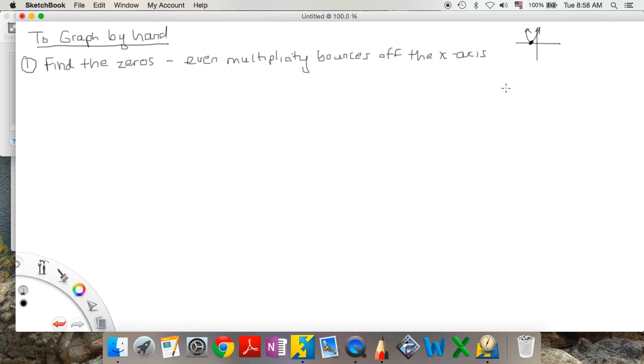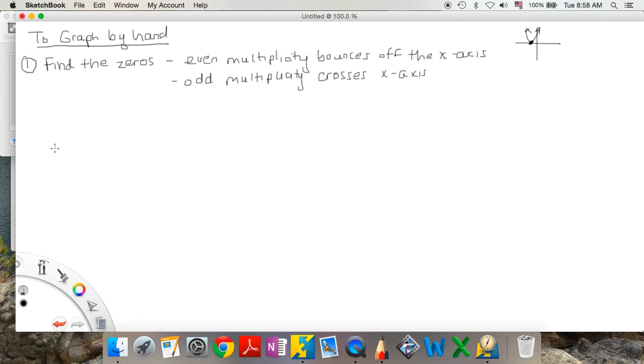It doesn't actually cross there, it just touches there and bounces back off. Now, if it has an odd multiplicity, like if you have a 0 that happens 3 times, then it still crosses the x-axis.